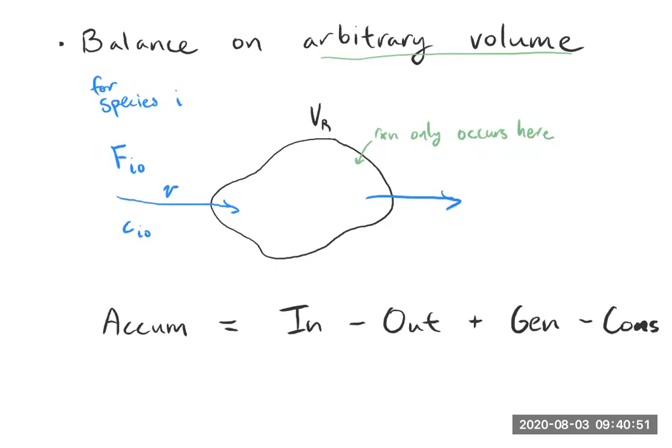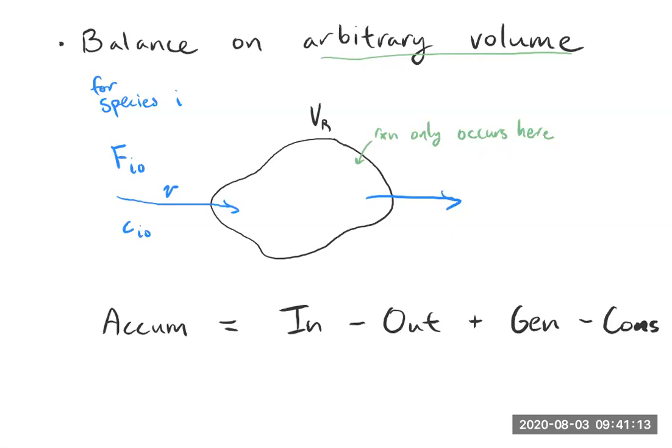Okay, so we've got a volumetric flow rate coming in. If we really just look at species I here, we've got a molar flow rate and an initial concentration. Once it's in the reactor, this volume is likely different, well, it wasn't in a volume before.